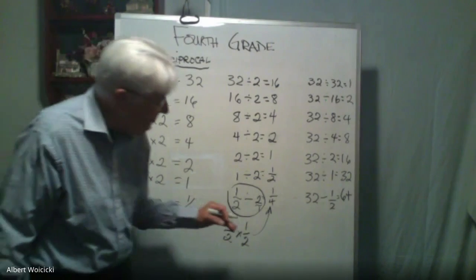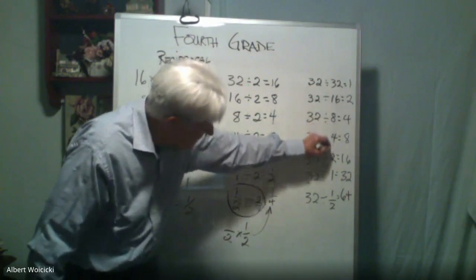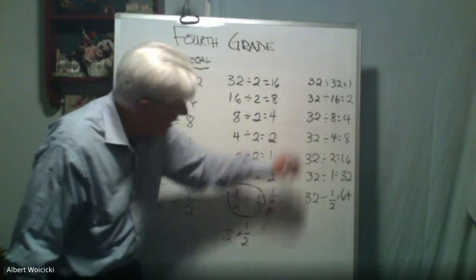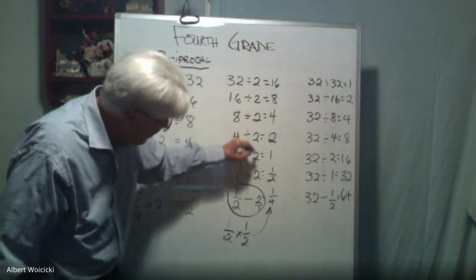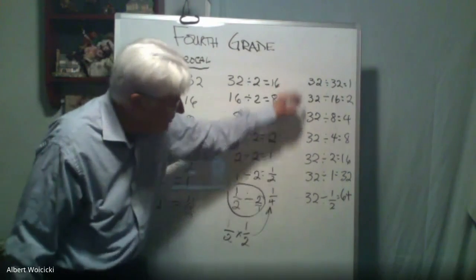But what happens over here if my divisor keeps getting smaller and the number that I'm dividing into stays the same? Not like this one. Here my divisor stayed the same and this number kept getting smaller. It's the opposite of that.